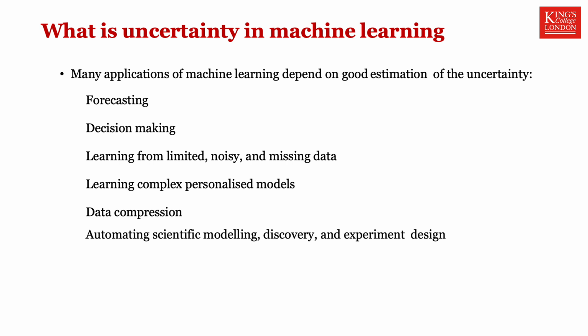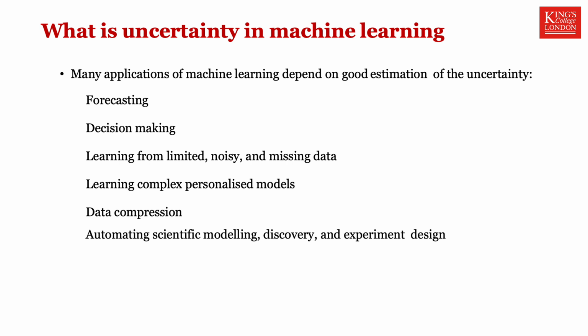There are many areas where machine learning depends on good estimation of uncertainty. Not good estimation of the prediction. For that, pretty much all areas would depend on it. But areas where you depend on the uncertainty are things like forecasting or decision making. For example, if you want to make a decision, you need to understand how much the model knows about that specific situation, or how much it is just providing as a guess.